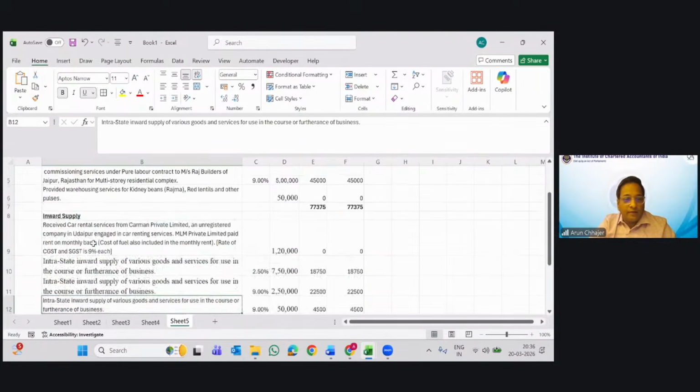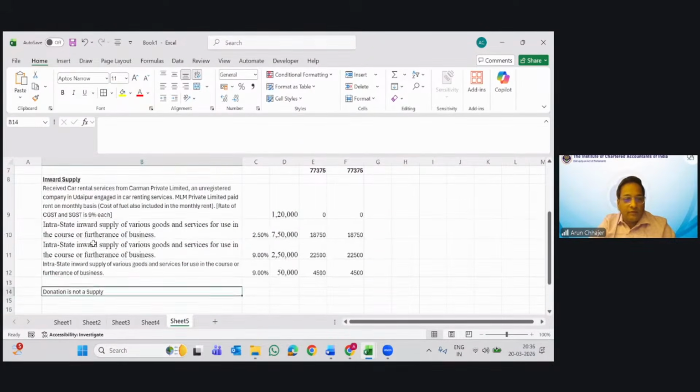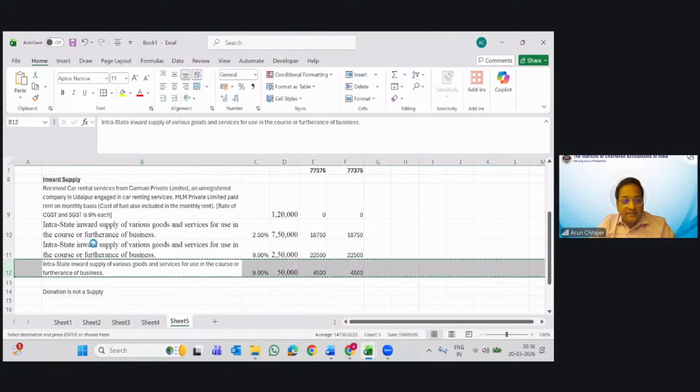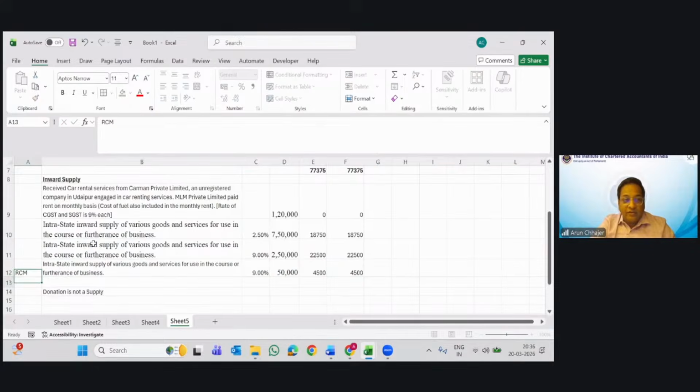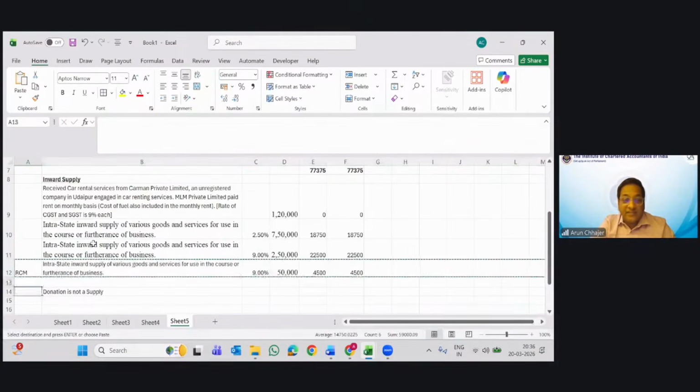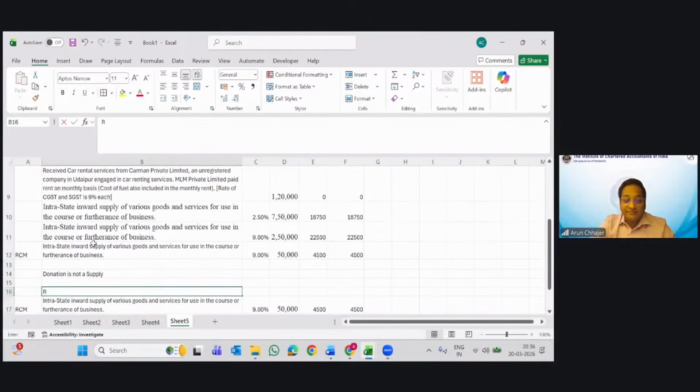So RCM is a liability also now. It is the ITC as well as the liability, right? What is the total value?